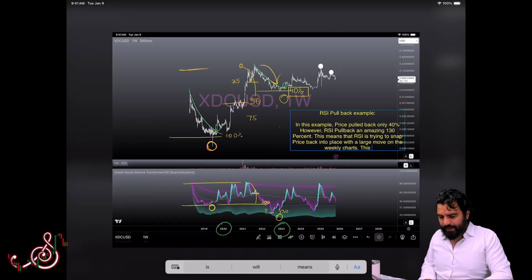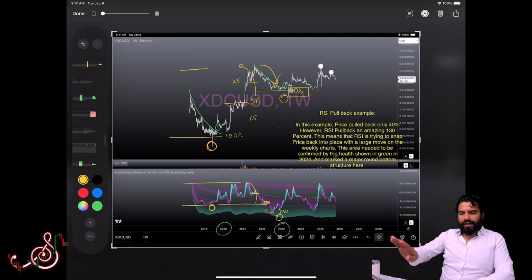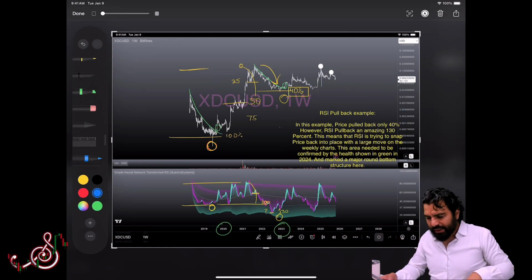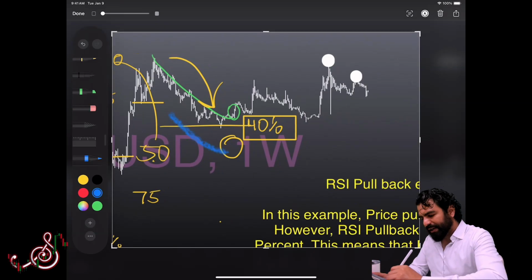This area needed to be confirmed by the health shown in green in 2023, and marked a major round bottom structure here. So that large round bottom structure is being built on XDC because of this.